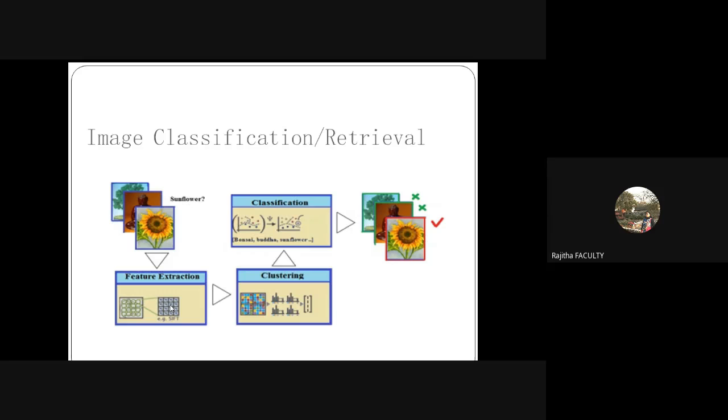So this feature vector has P cross Q values. Now, these P cross Q values of the query image should be mapped with the P cross Q values of the test image. Again, it is a complex one, right?